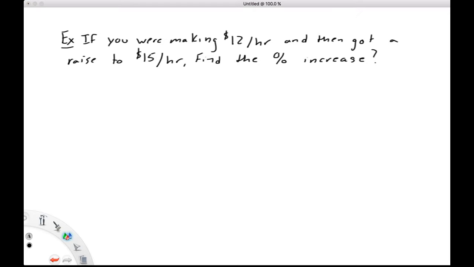Well, the percent increase is equal to the amount that we increased by, so the amount of increase, divided by the original amount. And so in this case, our original amount was 12, and we increased to 15 from 12.